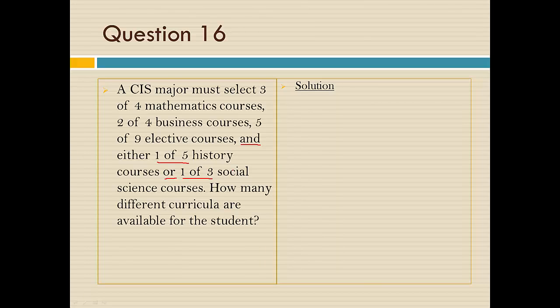Then, and is still times, okay, times either 1 of 5, or is plus. So when they say either, it could be 1 of 5, which is 5 combination 1, or plus 1 of 3, which is 3 combination 1. That's the way it is.